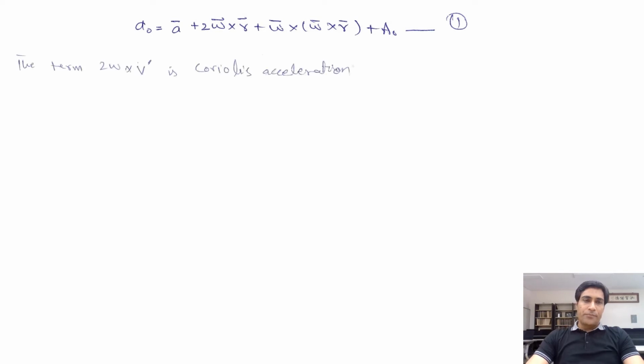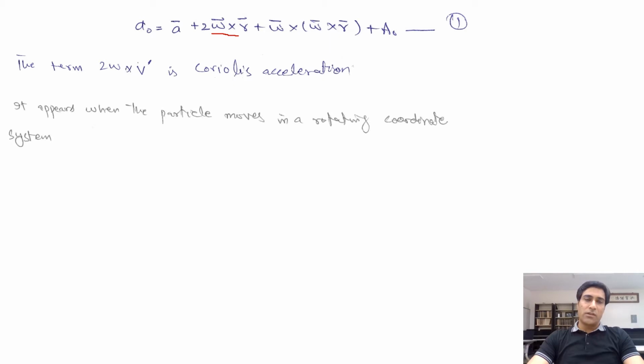The term 2 omega cross r dot in this equation is the Coriolis acceleration. It appears when the particle moves in a rotating coordinate system, because the object is moving in the rotating coordinate system.